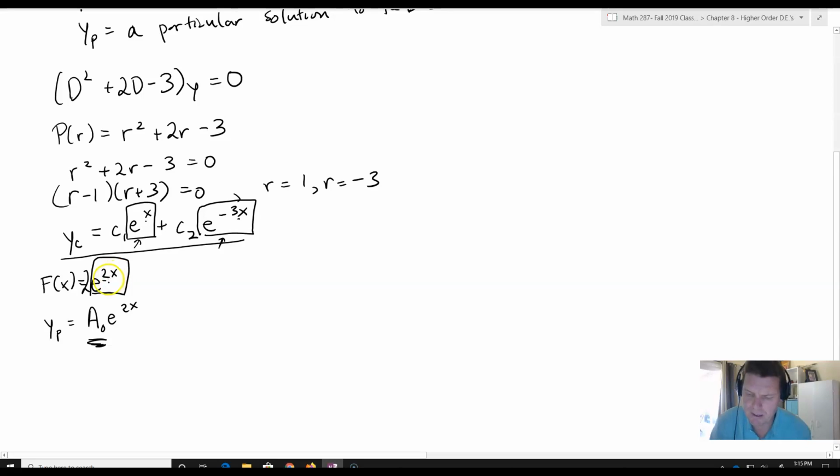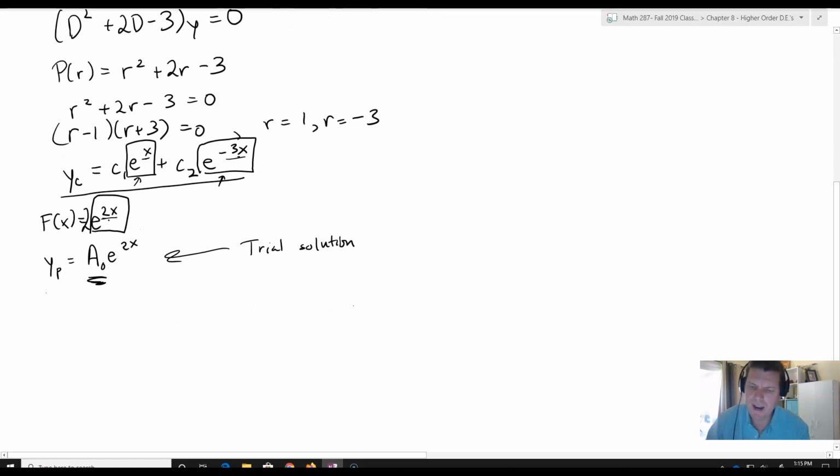You notice that 2x is different from x and negative 3x, and so consequently, I'm going to use this. There's my trial solution, all right?